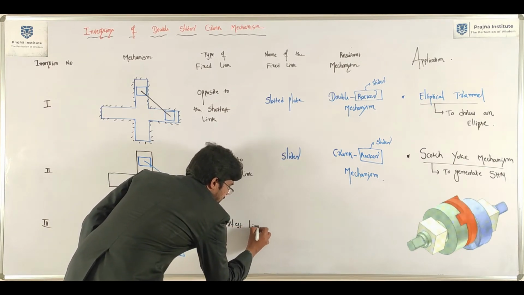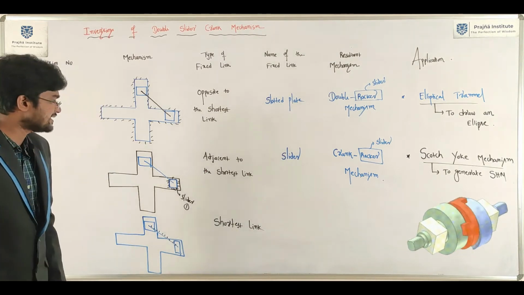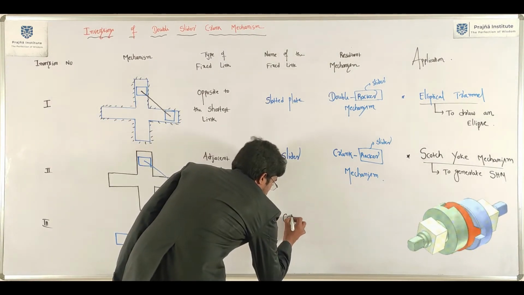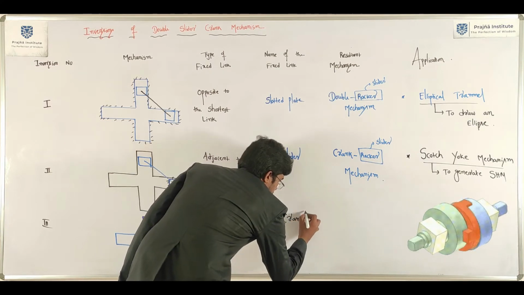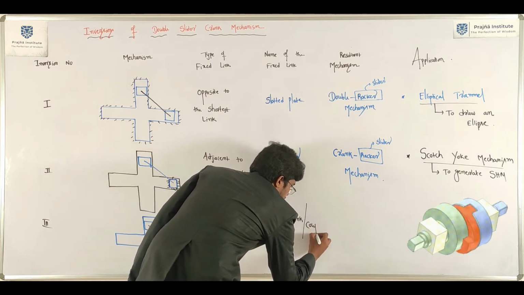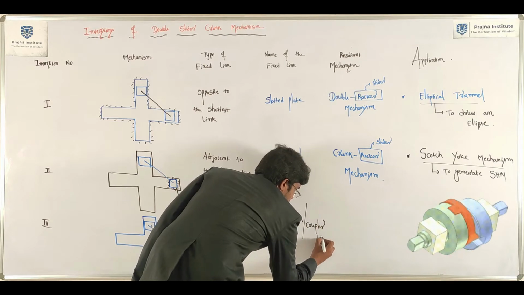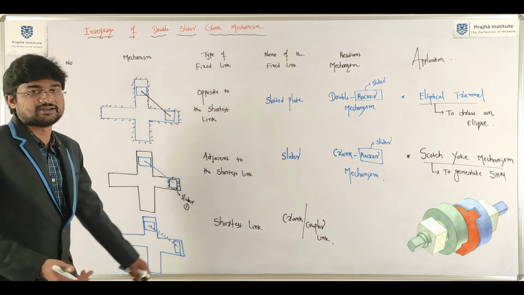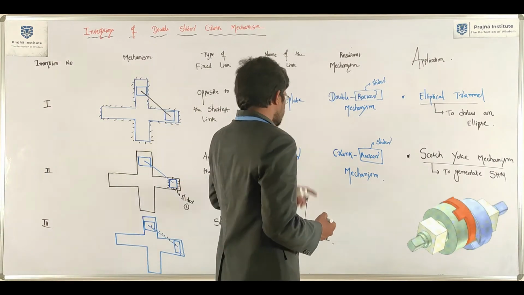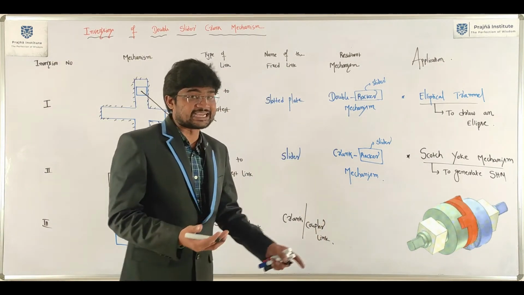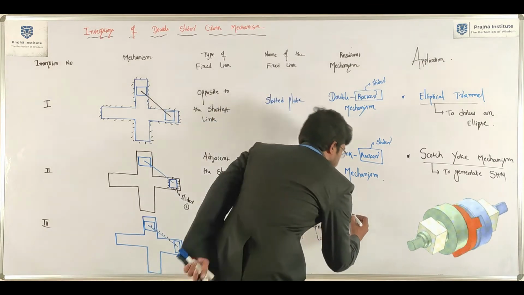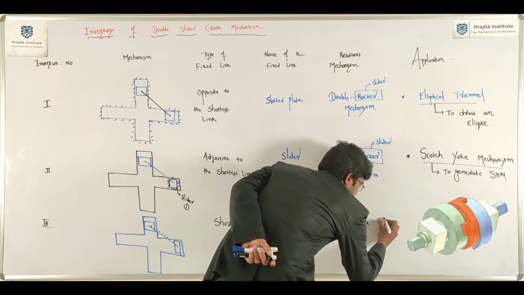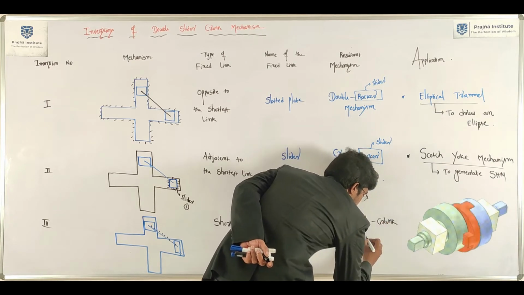It is nothing but the crank or coupler link. Here the coupler link is a crank actually. So once you fix the shortest link, the resultant mechanism is the double crank mechanism.